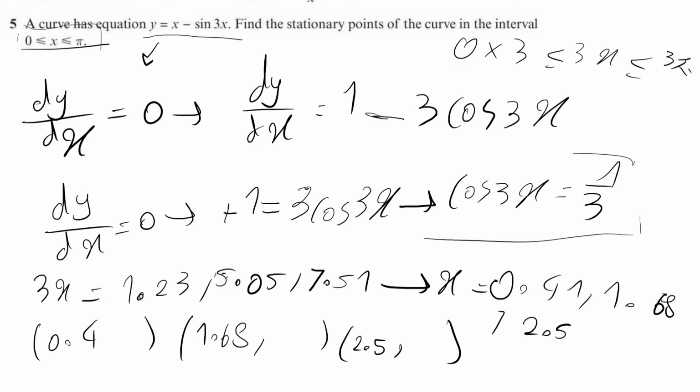So 0.4 minus sine 3 times 0.4 is minus 0.53, so minus 0.53, and also 1.68, 2.63, and the last one 2.5, 1.56.